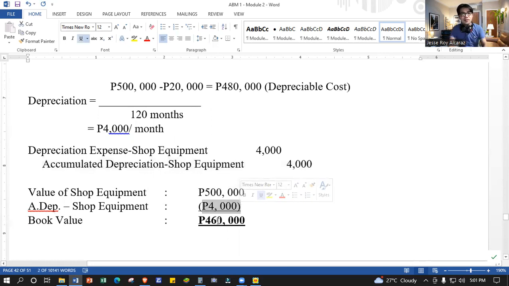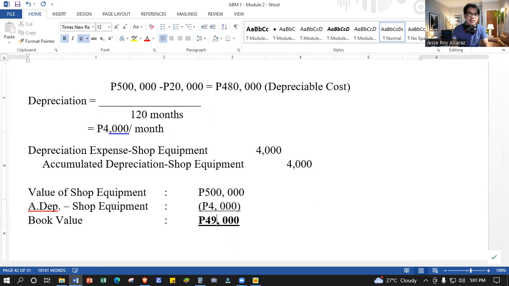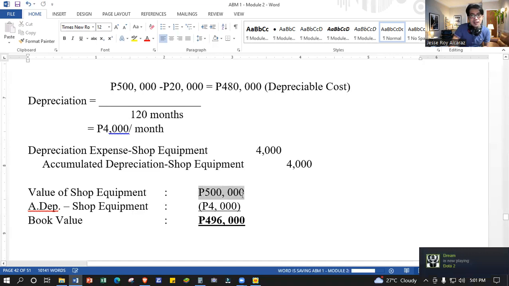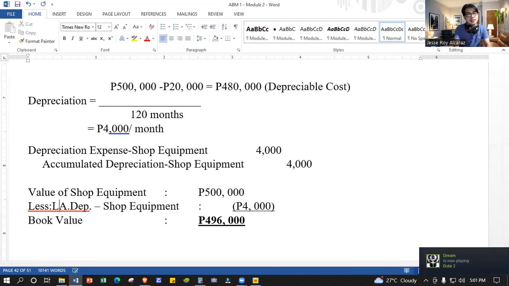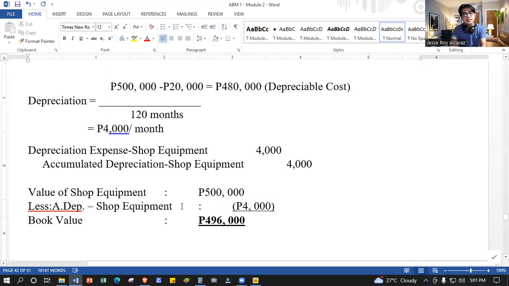So therefore, I made a mistake, it should be 496,000. Therefore, the book value of the equipment is only 496,000. So 500,000 less the accumulated depreciation of 4,000.